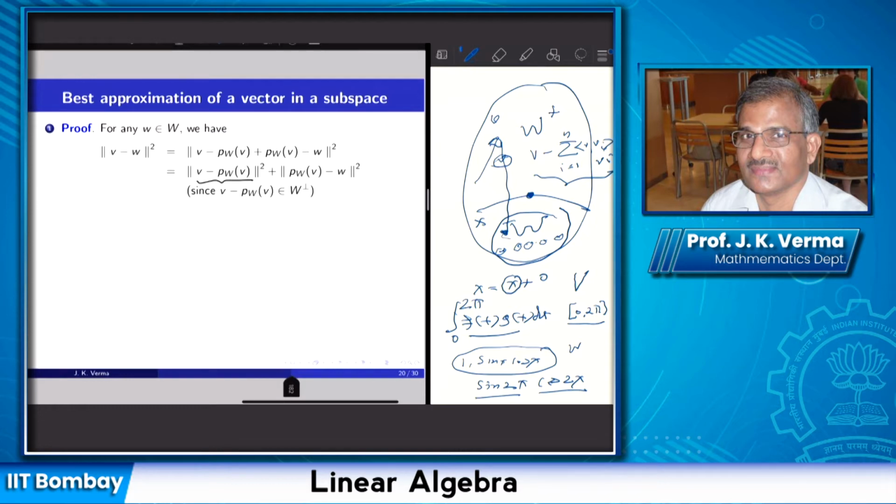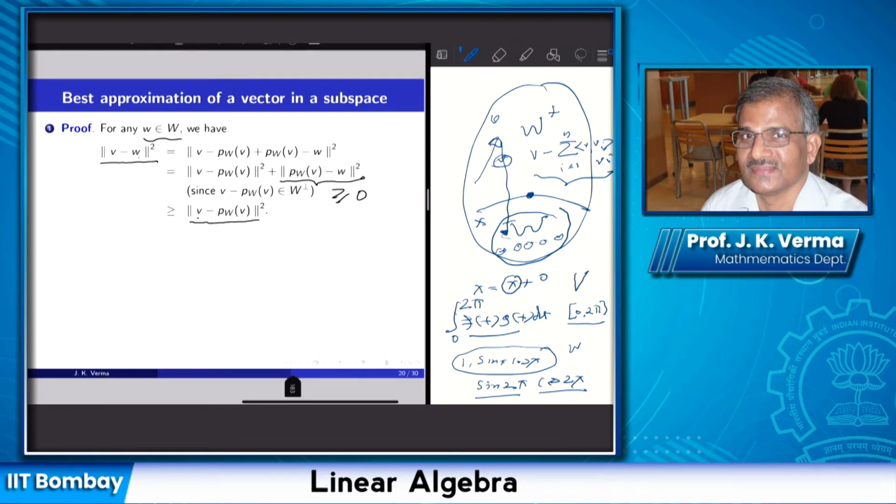This is perpendicular to these two vectors, so it is perpendicular to the difference. But this is bigger than or equal to 0, and therefore the square of the norm of v minus w is bigger or equal to the square of the norm of v minus the projection of v on w. So the distance of v from w, where w is any vector in the subspace, is bigger or equal to the distance of v from the projection of v in w.